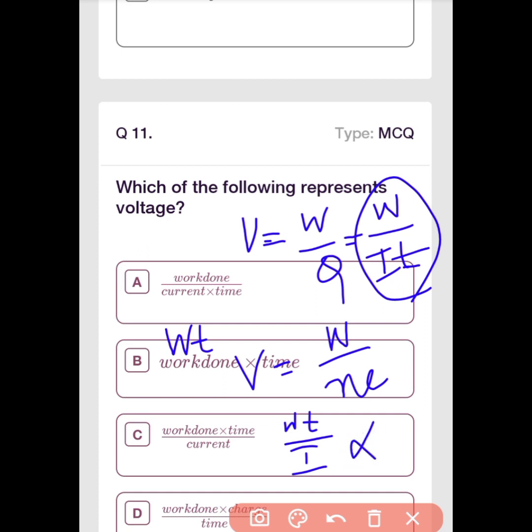Then fourth option is work done into charge divided by time. No, this is also wrong. So the correct option is W by current into time, that is W by I into T. So the correct option will be option A.